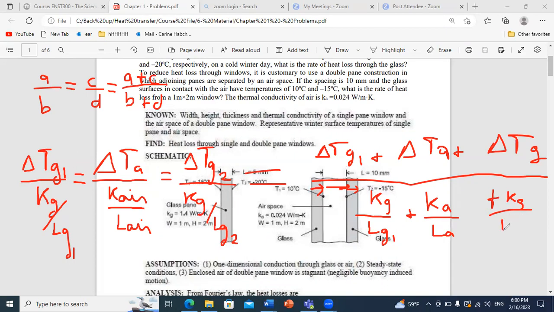From here, we have the idea of the analogy with the thermal circuit, with the electrical circuit.